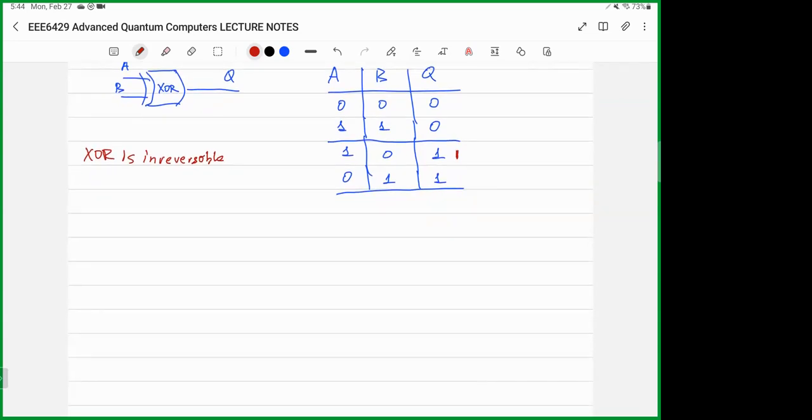But in quantum logic, all operators must be unitary, as far as we remember.